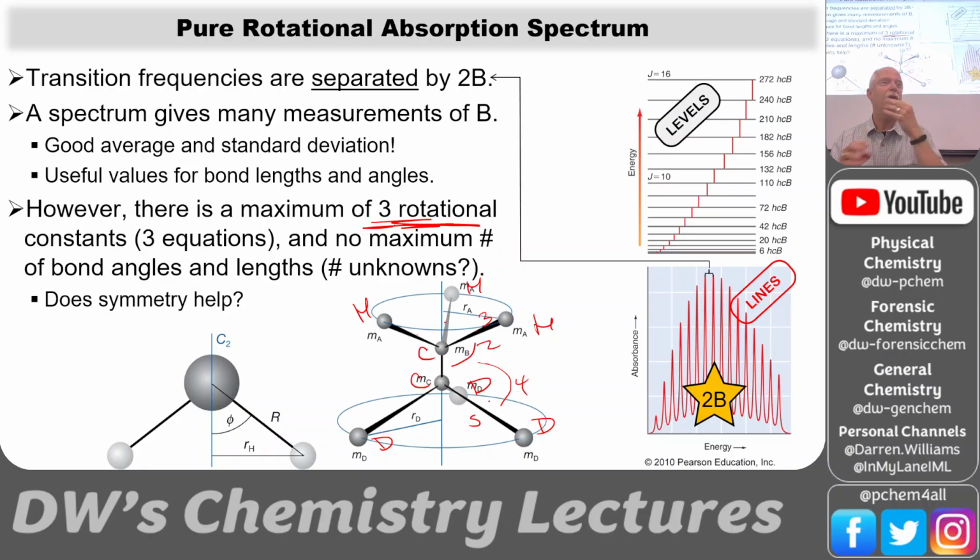What causes the polarity? The nucleus and the electrons. What's in the nucleus that causes the charges? Protons. So if I add a neutron, does that change the charges? No. So carbon deuterium bond lengths and carbon hydrogen bond lengths are the same length. The only difference is the mass. So that's really cool. So isotopic substitution doesn't change your bond lengths and angles because it doesn't change the charges.